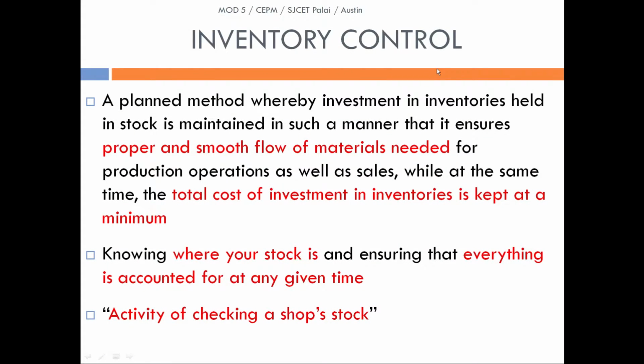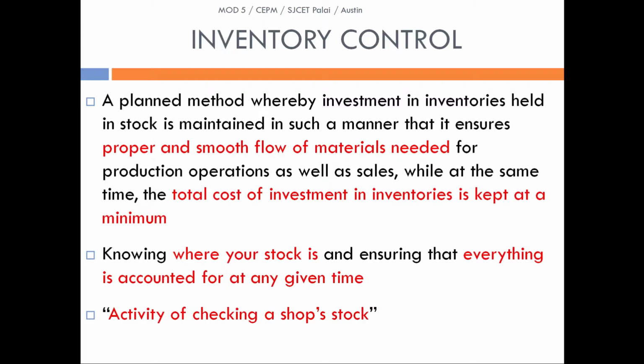And in inventory control, as the definition says, it mainly deals with two things. It ensures that a proper and smooth flow of materials is maintained. At the same time, the total cost of investment in inventories is also kept at a minimum. So as a company, organization or production unit, we should have a sufficient amount of stock or inventory materials so that the production process does not get interrupted at any point of time.